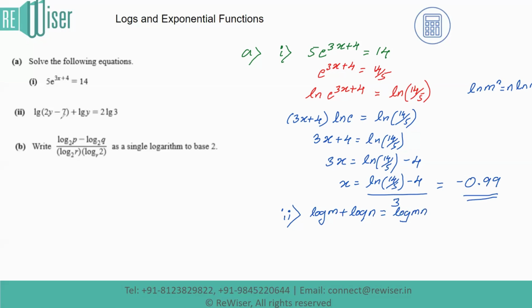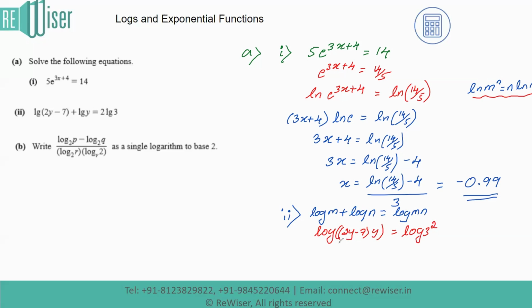Keeping this law in mind, if I combine these two, it's going to be log of 2y minus 7 multiplied by y is equal to, now this 2 I can take inside the log. If I have log of m to the power n, that can also be written as n times log of m. So I can also do the reverse: if I have n times log of m, I can write it as log of m to the power of n. So in that case, it's going to be log of 3 squared.